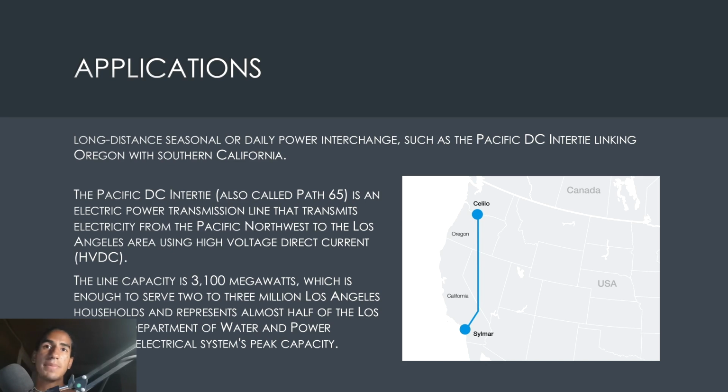The line capacity is 3,100 megawatts, which is of course a lot, enough to serve 2 to 3 million Los Angeles households, and represents almost half of the Los Angeles Department of Water and Power's electrical system peak capacity.